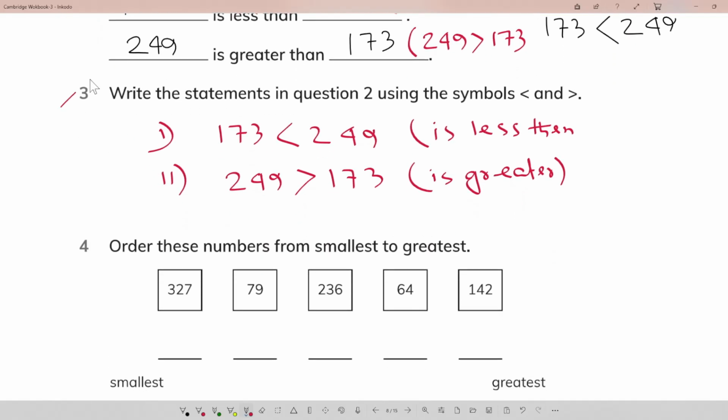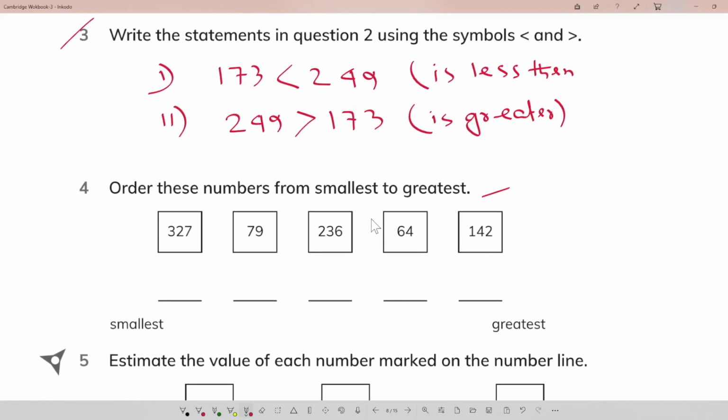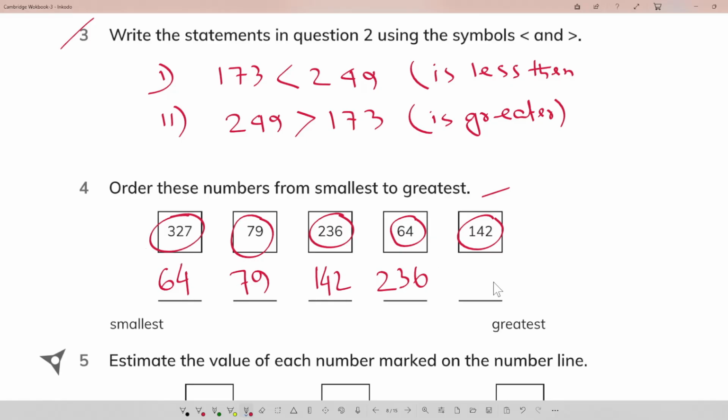So question 3 is done. Now order these numbers from smallest to greatest. First we have to find out which one is the smallest. 64 is our smallest number, then 79, and then 142 we can write here, then 236, and finally 327.